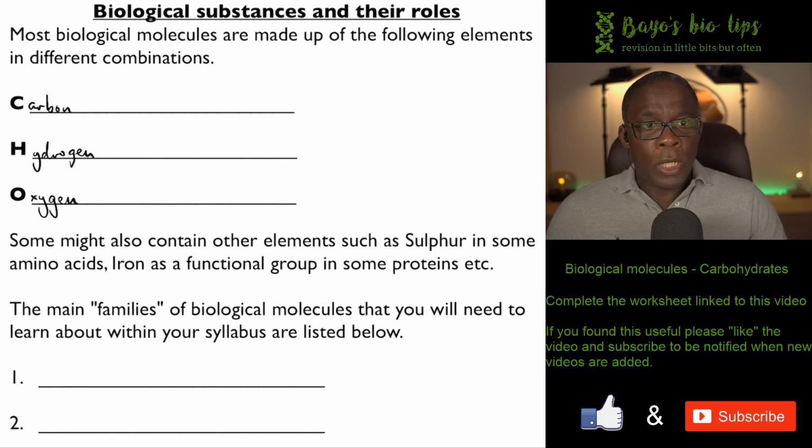Of course, there are other elements that may be found in different biological molecules dependent on their function. So, for instance, some amino acids and therefore some proteins contain sulfur, or they might have things like iron as functional groups that give them the ability to carry out a particular job.